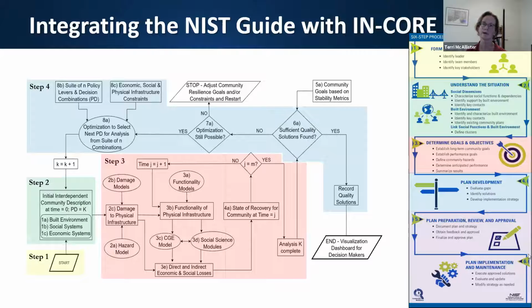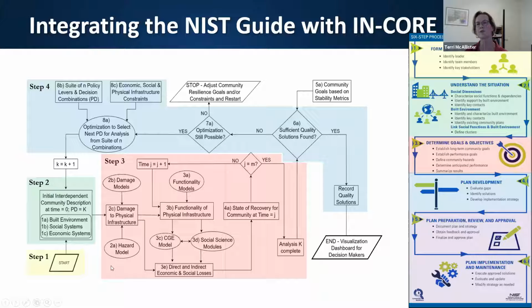Using the color coding on the right, we are just showing you a basic flow chart that IN-CORE uses. If you start with forming a collaborative planning team, that's step 1, and then you characterize the community in step 2, where we have the built environment, social systems, and economic systems.